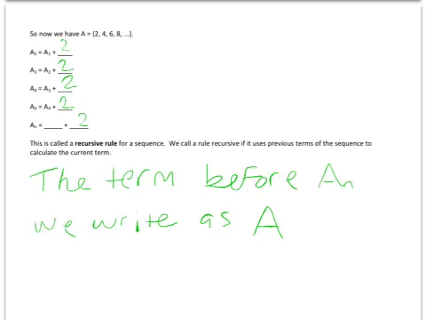So it needs to be 1 less than n, so we do n minus 1, all in the subscript. So what goes in this little blank right here is a sub n minus 1. We call this a recursive rule. A recursive rule is a rule that uses previous terms of the sequence to calculate the current term.